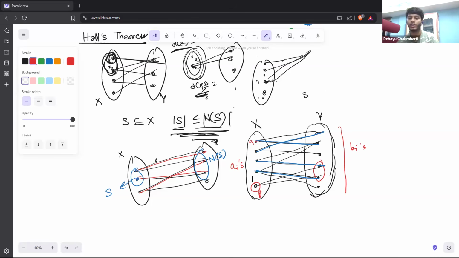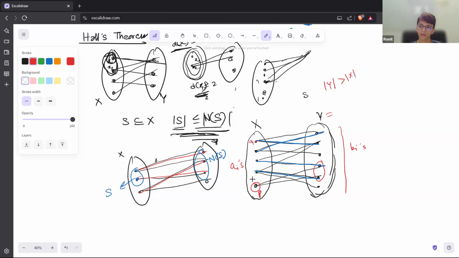Wait, how are we defining the BIs? AIs and BIs are the vertices that are in the maximal matching. Ah, okay. Sure. So let's make it clear. Mod Y can be greater than mod X, right?